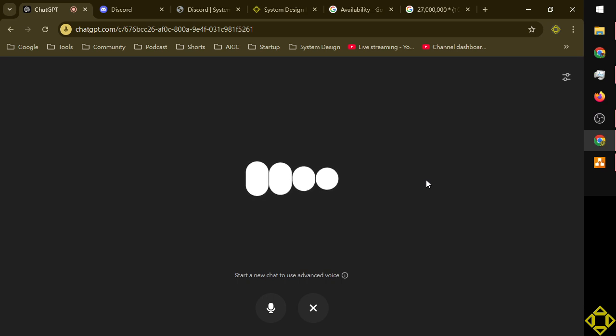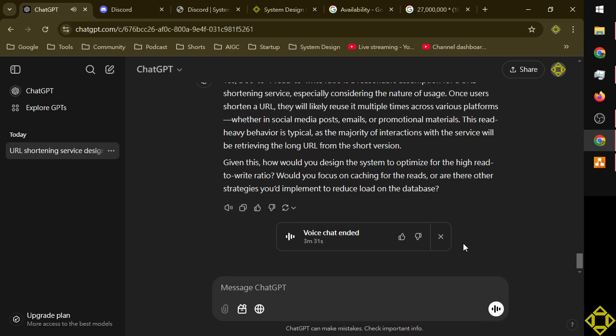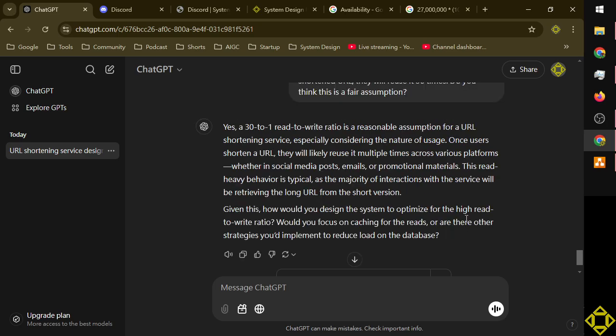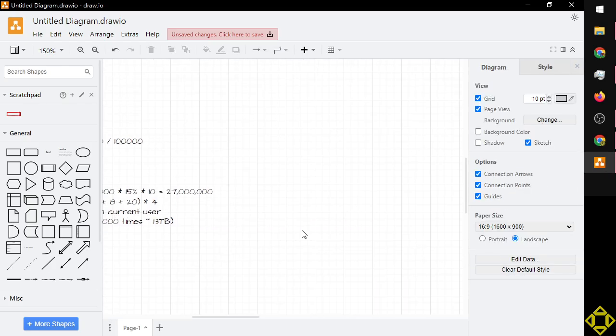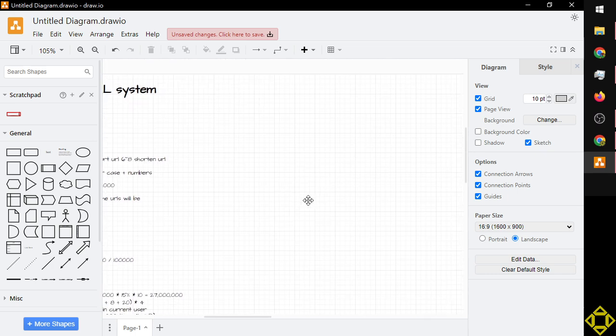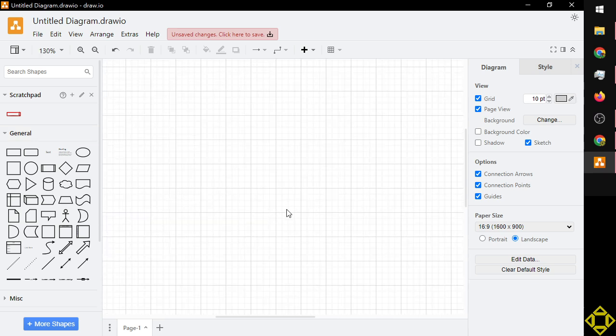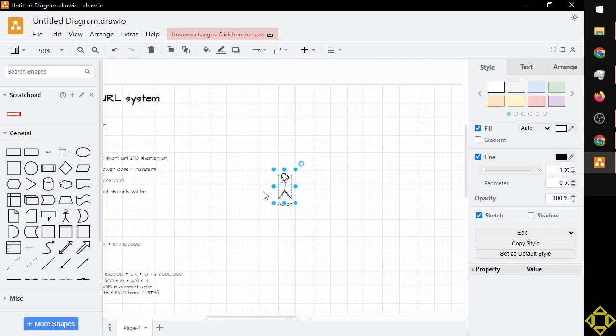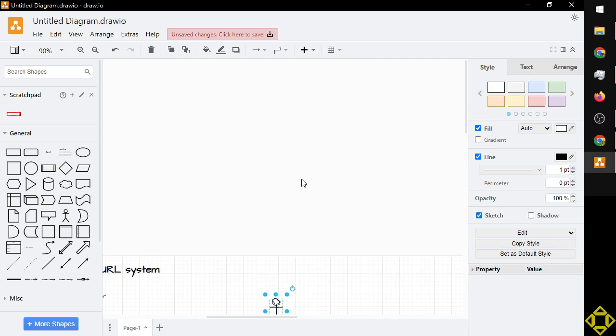Okay, so we can start doing our system design, because we understand the input and output. First, maybe we have many users. Yes, they are users.